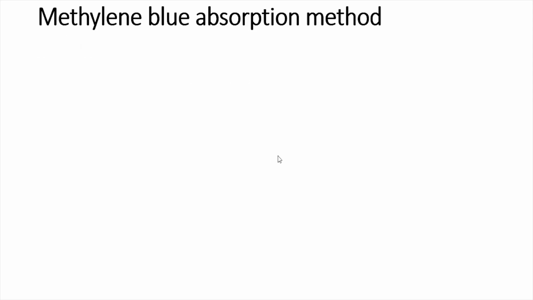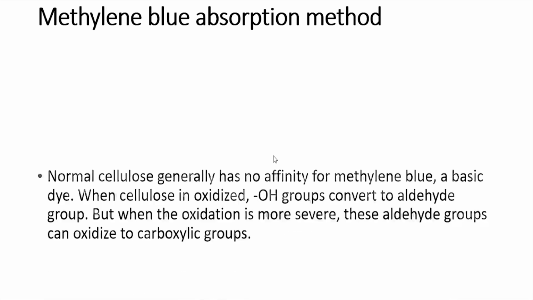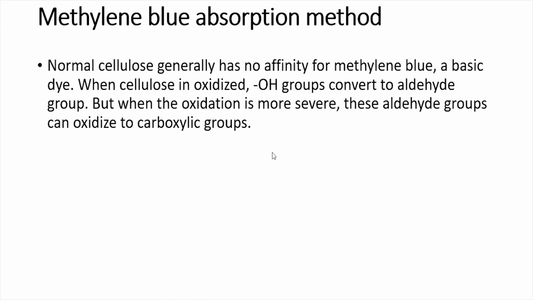Another method to assess the degradation of cotton is the methylene blue absorption test. Normally cellulose, with its hydroxyl groups, doesn't have affinity towards methylene blue, which is a basic dye. When cotton or cellulose is oxidized, it is converted into hydroxyl and aldehyde groups.